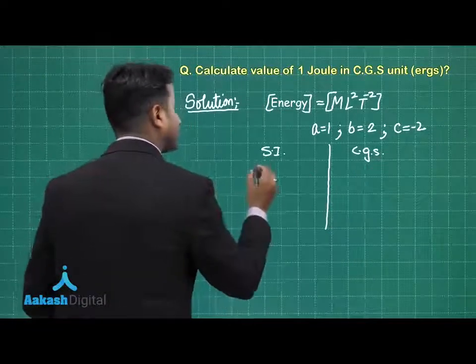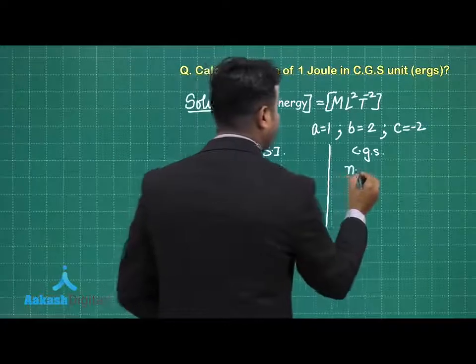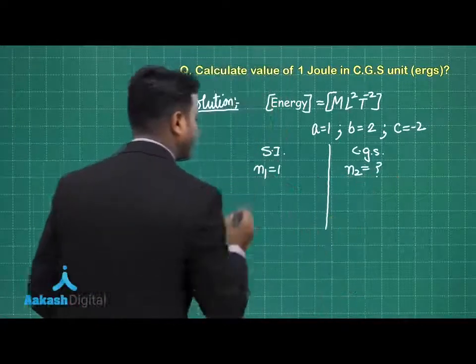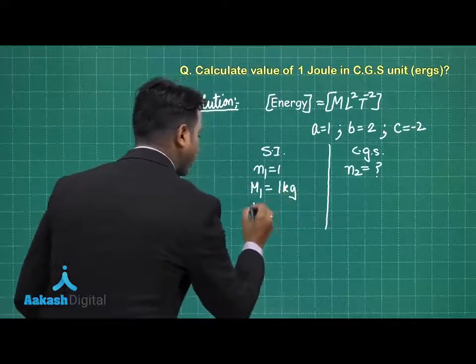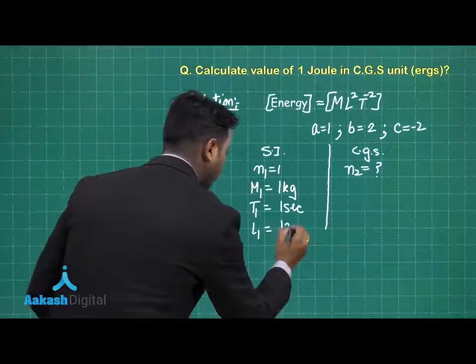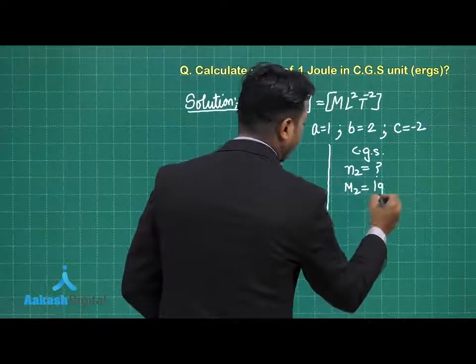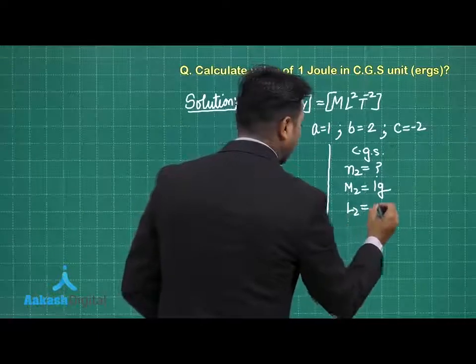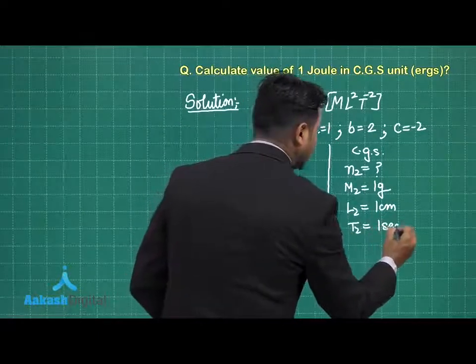In this system I have N1 value as 1 and here the N2 value I need to calculate. On this side I have M1 as 1 kg, T1 as 1 second, L1 as 1 meter. In this other system I have M2 as 1 gram, L2 as 1 centimeter and T2 as 1 second.